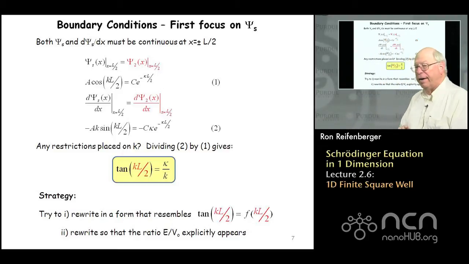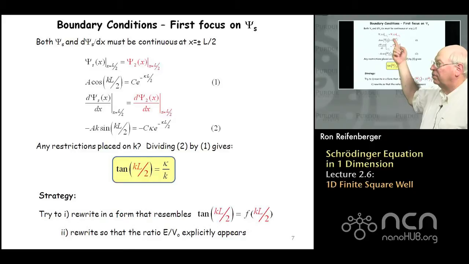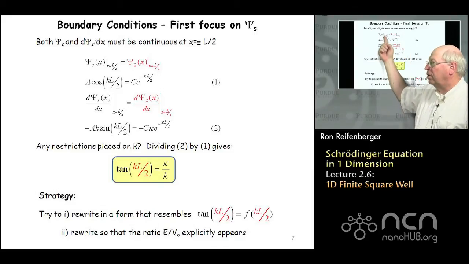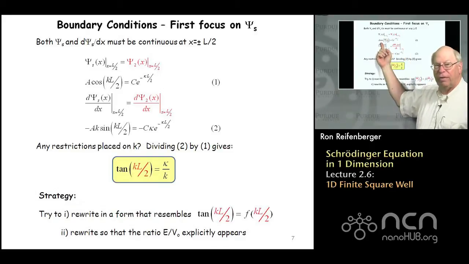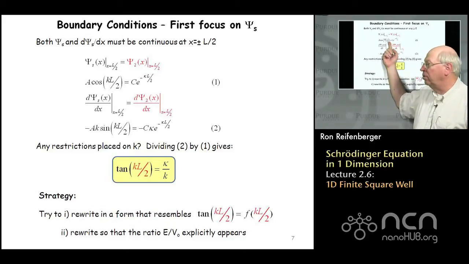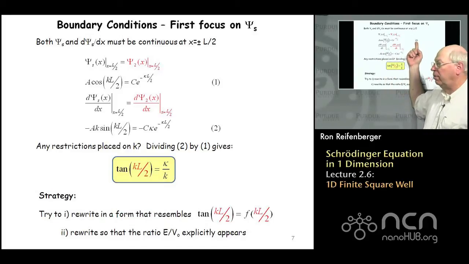So this simply means that for the symmetric solution at x equals L by 2, just to the right of the boundary, we're going to use the wave function psi2 here, right? To the left of the boundary, we're going to use the symmetric solution cosine of kL by 2. And so if these two wave functions have to match at L by 2, then we have this condition that has to be satisfied, and that gives us one equation.